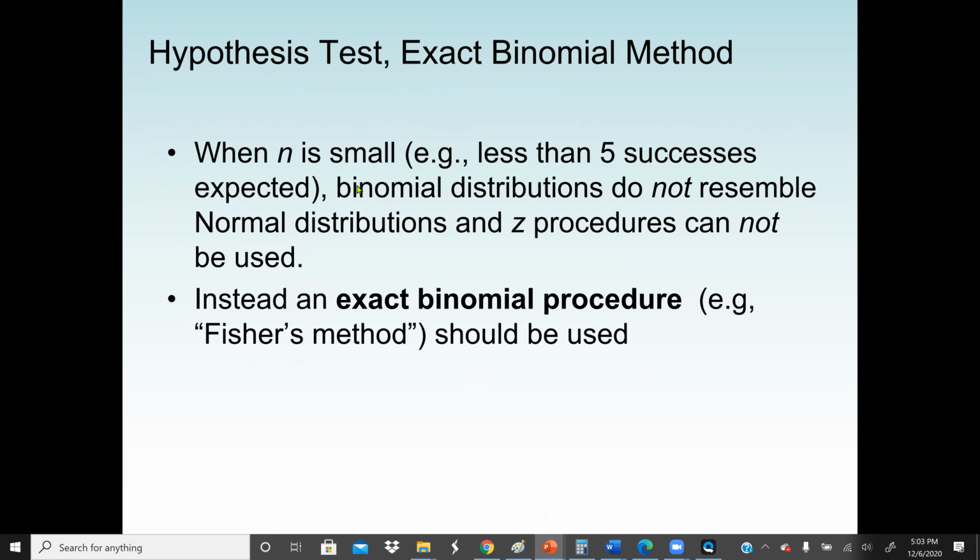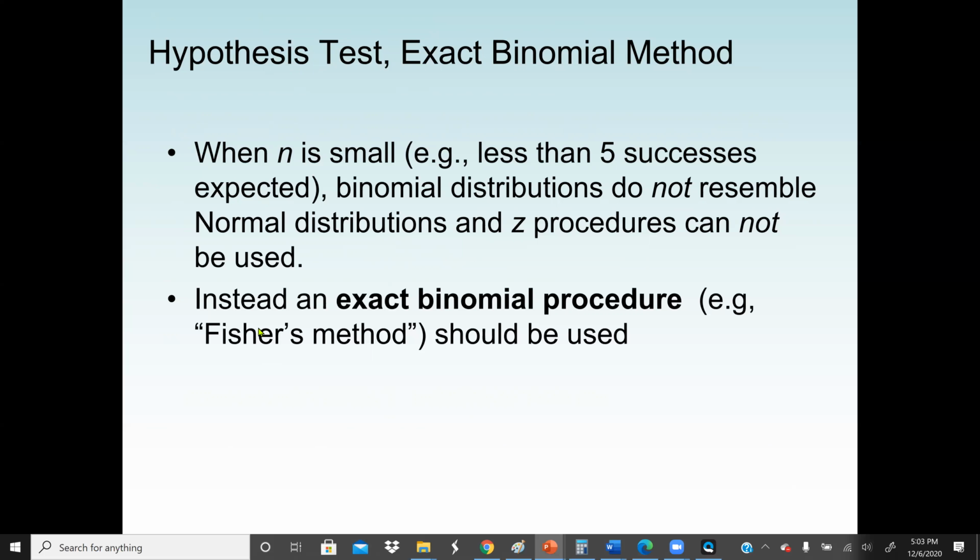So when n is small, let's say less than 5 expected successes, the binomial distribution does not resemble the normal distribution. Remember we did this in Unit 8. We can test if npq is greater than or equal to 5. If it is, then the binomial distribution tends to the normal distribution.